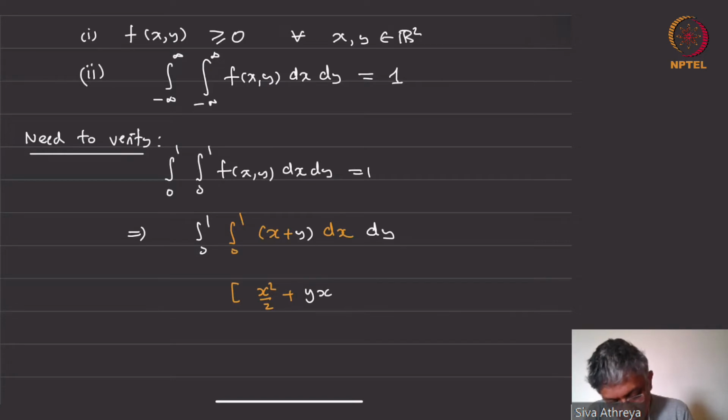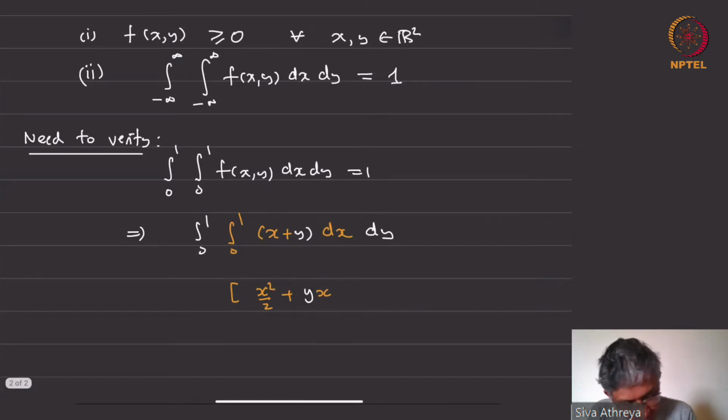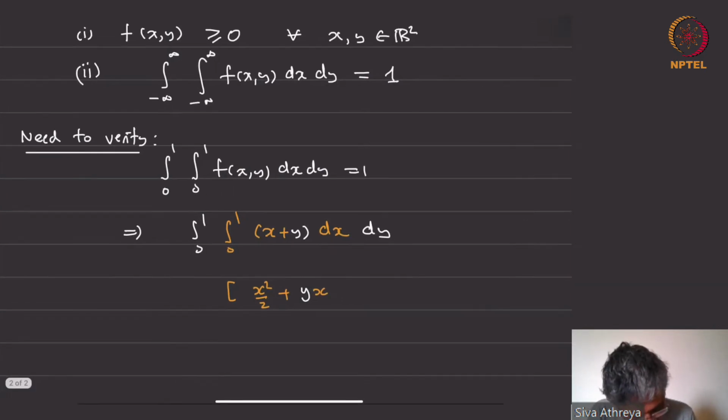That should be in orange; let me correct it. Then I close the integral. So the x integral is done, from 0 to 1, and then whatever I have I have to integrate with regard to y.